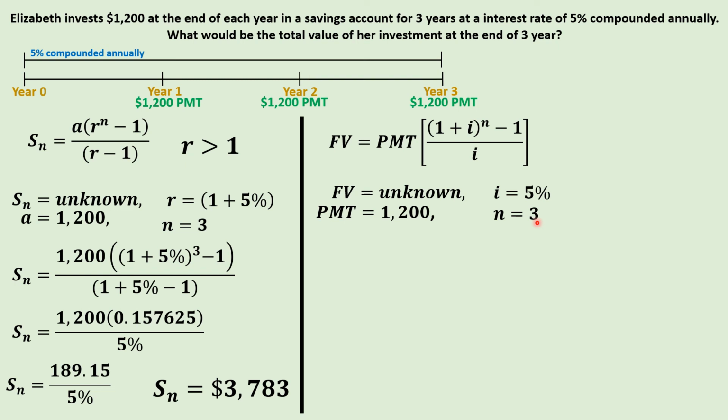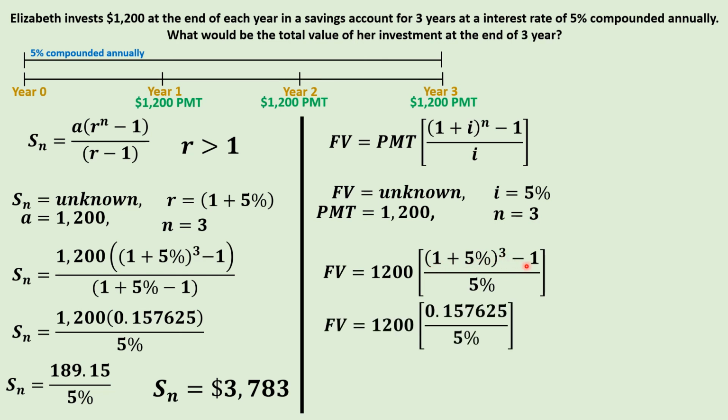Now, all we need to do is just simply plug it into the equation and see what we get. So the first step was to simplify this, 1 plus 5 to the power of 3 minus 1. And when we do that, we get 0.157625. We divide that by 5%, so we get 3.1525. And we multiply that by 1,200. Can you guess what the answer is going to be?